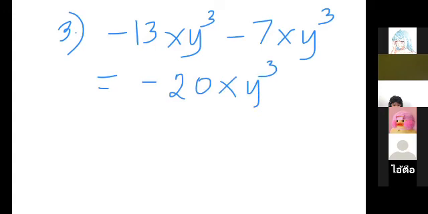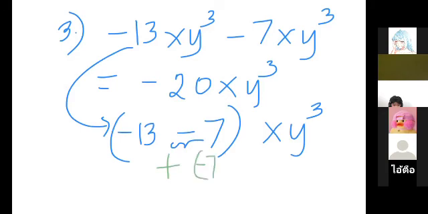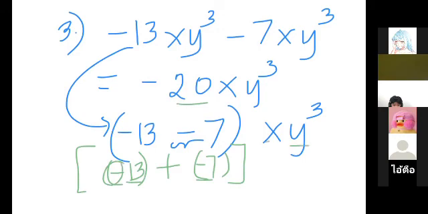Very good. For the information of everybody, this is negative 13 minus 7 and then xy cubed. But minus is what? This is plus negative 7. So negative 13 plus negative 7. Both negative, so you have to add. 13 plus 7 is 20 and then negative. Okay? xy cubed. Very good, Pupa.